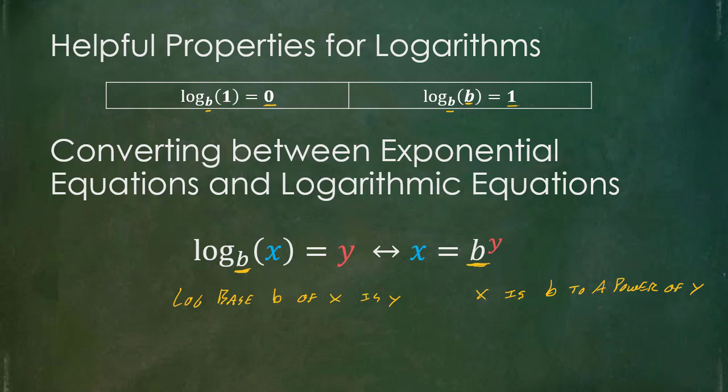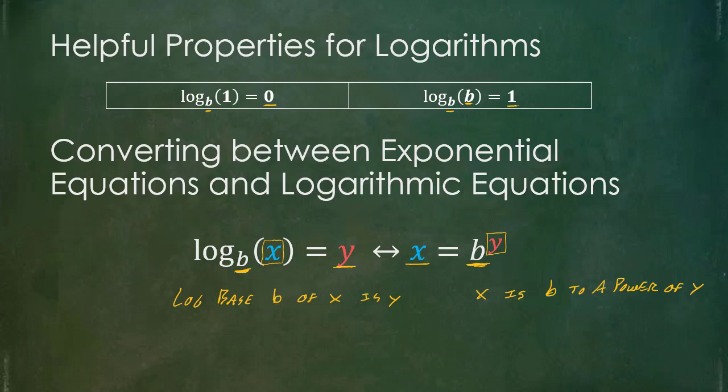Then the other way to think of it is that what's inside the log will become outside, by itself. And then what's outside by itself in log form becomes what's inside the exponential. So if you think, okay, the base stays a base, but what was inside is by itself, and what was by itself now is inside.